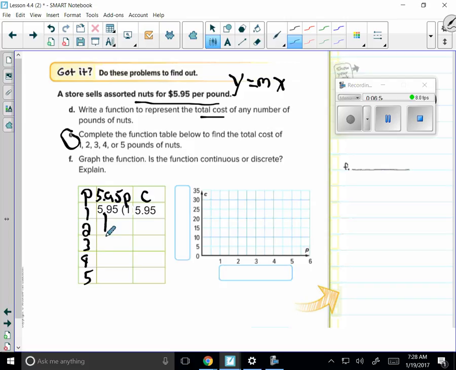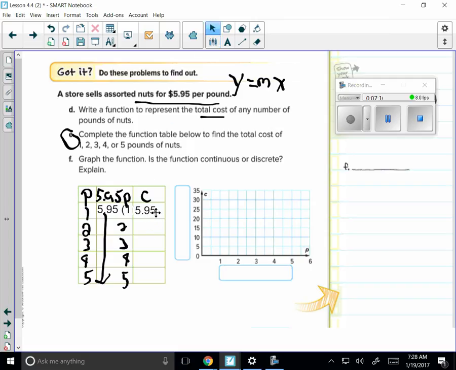You just need to know that, okay, I'm taking 5.95. I'm going to take it times 2 for this one, and then 3, and then 4, and then 5. And then all of your answers after you multiply these are going to go right over here. So the first one's 5.95.